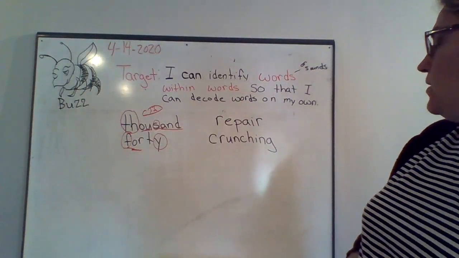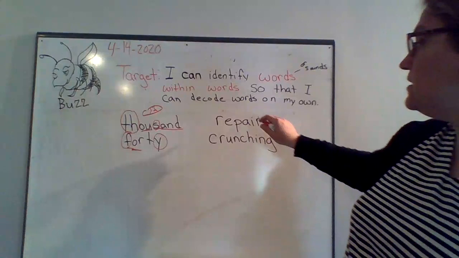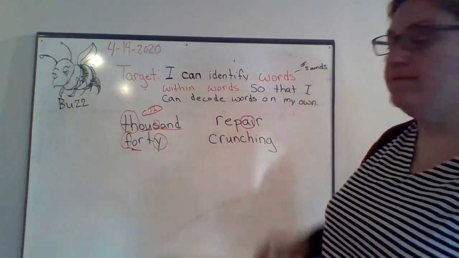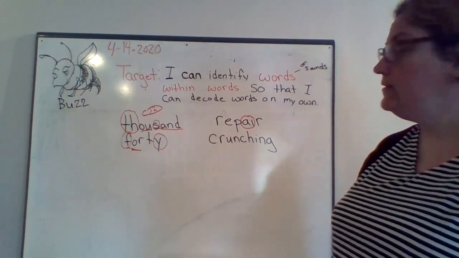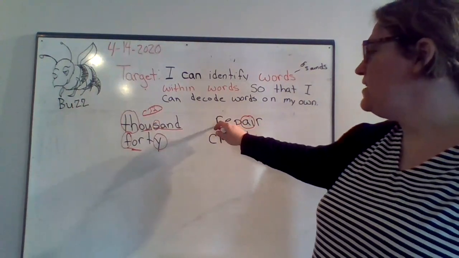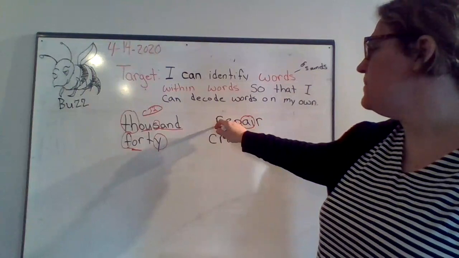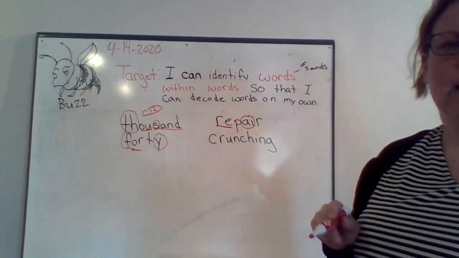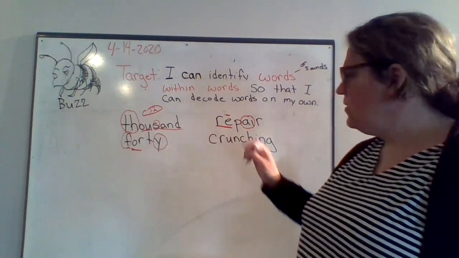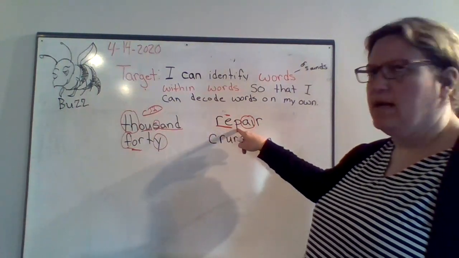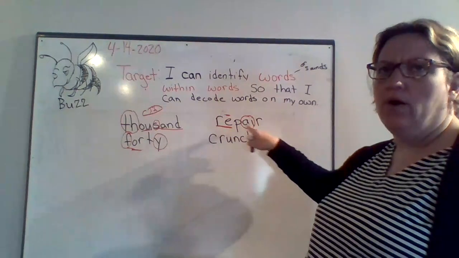Okay. What do I see here? Well, we talked about this last week. AI. That's a vowel team. It says A, right? And I've seen this before. This is a prefix at the beginning of a word. So this is a long E. That's re. Re, p, a, er.